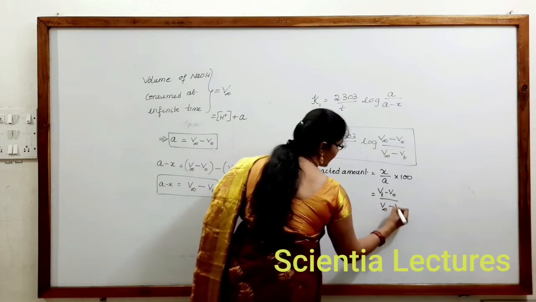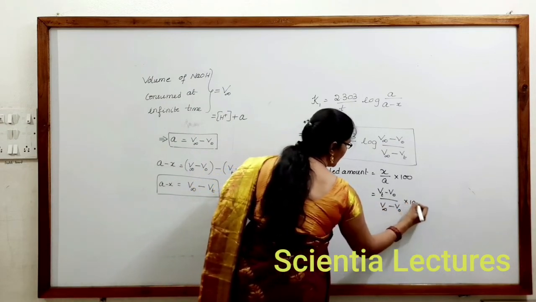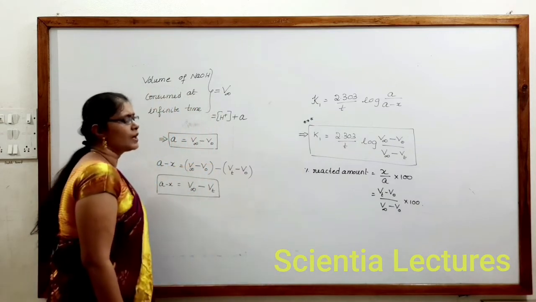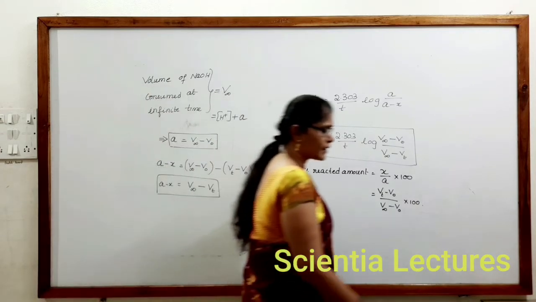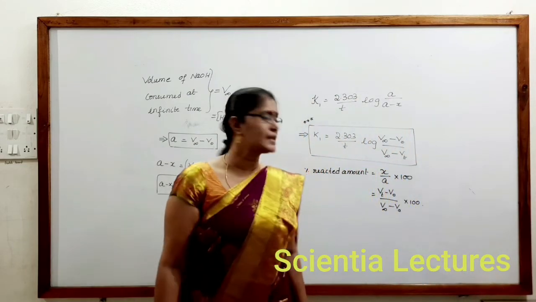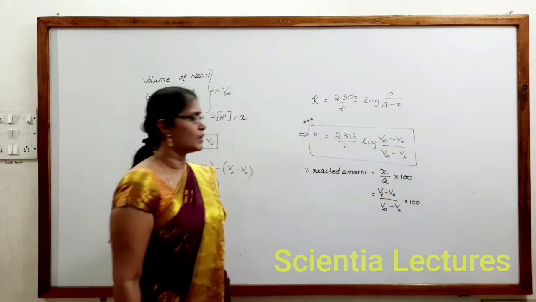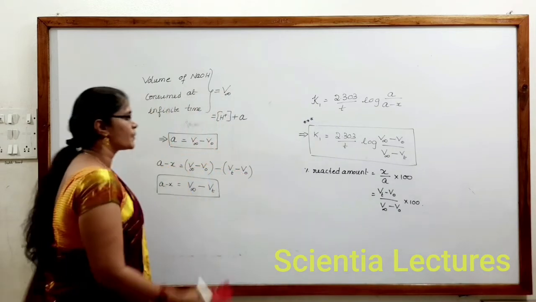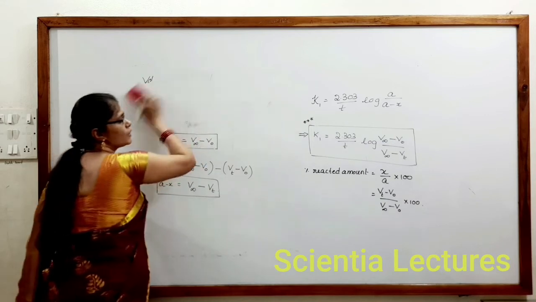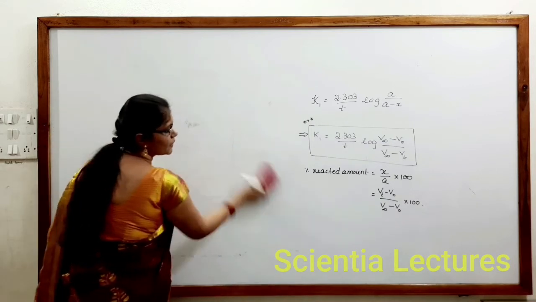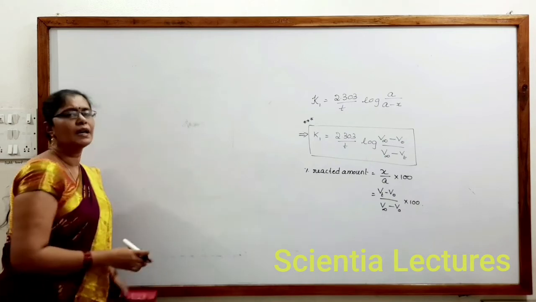So X must be equal to Vt minus V naught and A must be equal to V infinite minus V naught. So percentage of reacted amount is X by A into 100, that is Vt minus V naught by V infinite minus V naught, into 100.